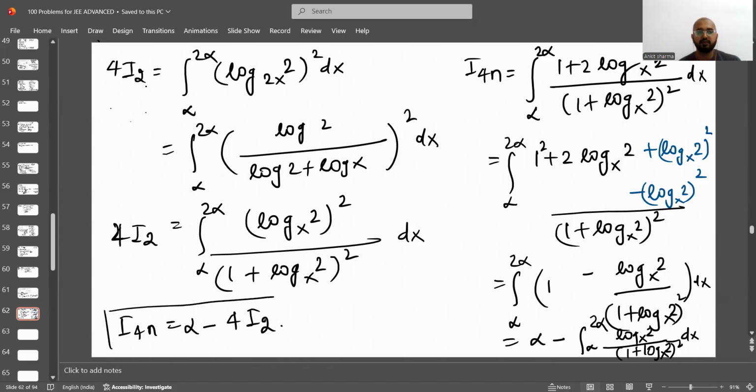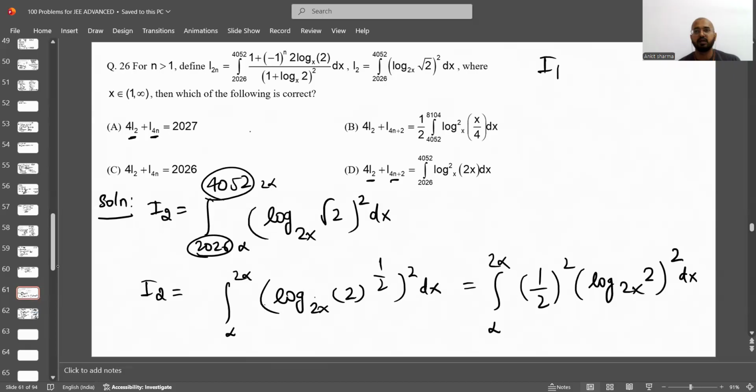So we got I4n plus 4I2 is equal to this, which means I can now write down I4n plus 4I2 is equal to alpha. So alpha is 2026. Yes. While starting the problem, only we take n. So this is going to give me 2026. And that will make my option C correct. A is therefore now wrong.